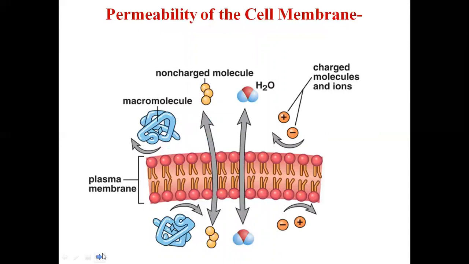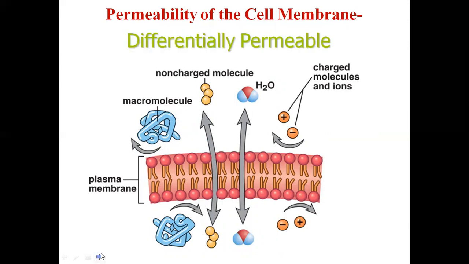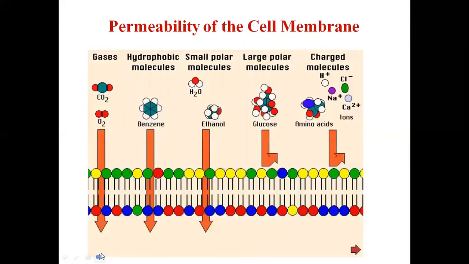The permeability of the cell membrane is as follows. For gases, the cell membrane permits CO2 and oxygen into the cell.